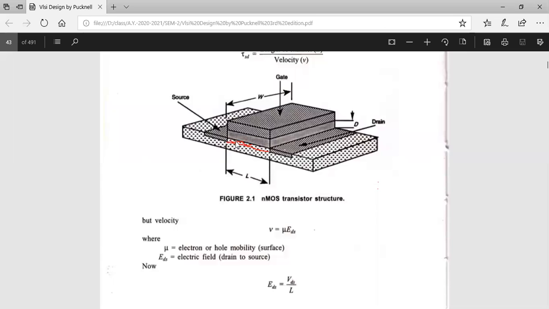If I want to calculate at a particular point, the distance between the source and that point is x.